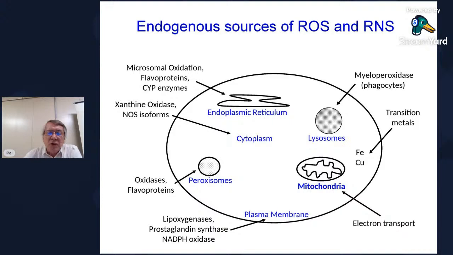And not to mention iron ions and copper ions, which are also involved in the generation of oxygen radicals because of their reversible redox properties.